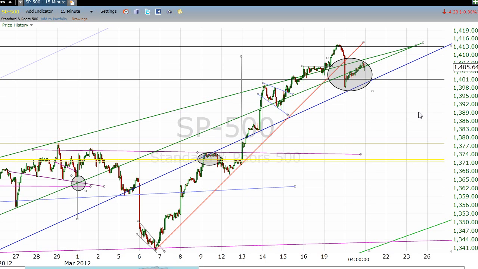Now, I mentioned that when this red line breaks here, that is something of a shot across the bow. There is still some support underneath us if you're a believer in this blue line. Or, you know, one might say that this little rally today is something of a back test to either this bottom line or this top line.